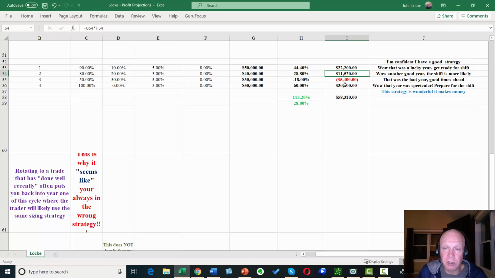Then when you have a losing year, you lose only $5,400, and then after your losing year, you crank your size back up again because you know that we should be pushing that 80% ratio over time, putting your probabilities in your favor with your position sizing strategy. So you hit $30,000. Now you've gone this whole time period and you've actually made a lot of money.